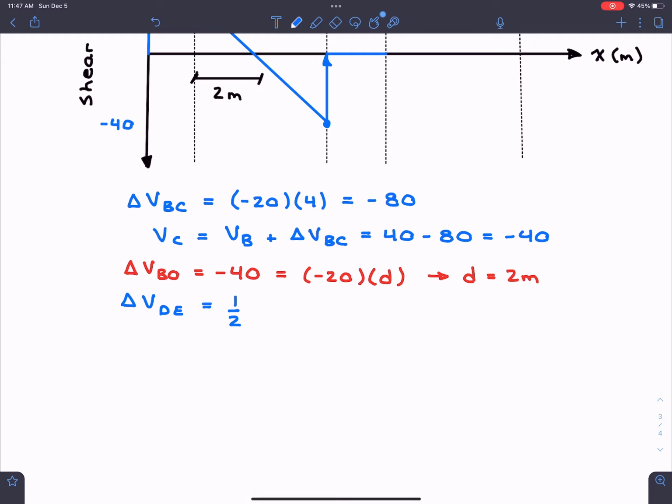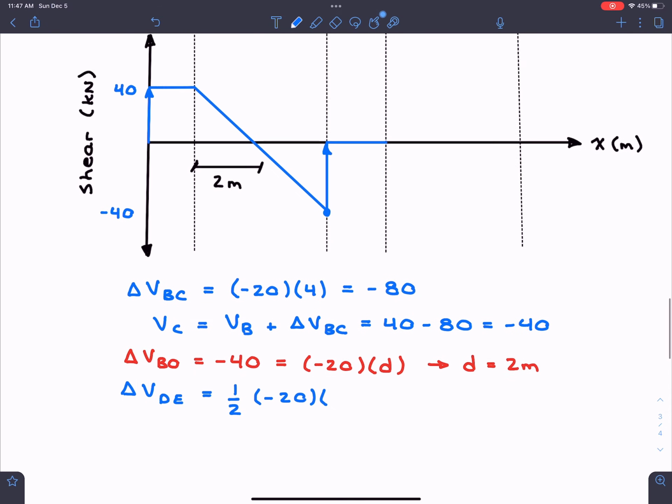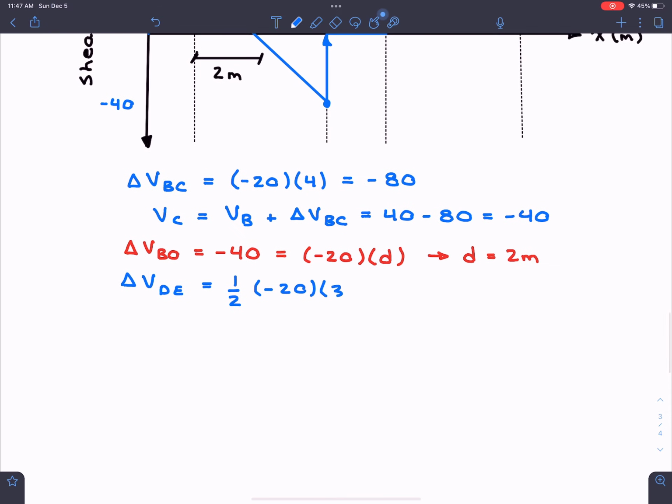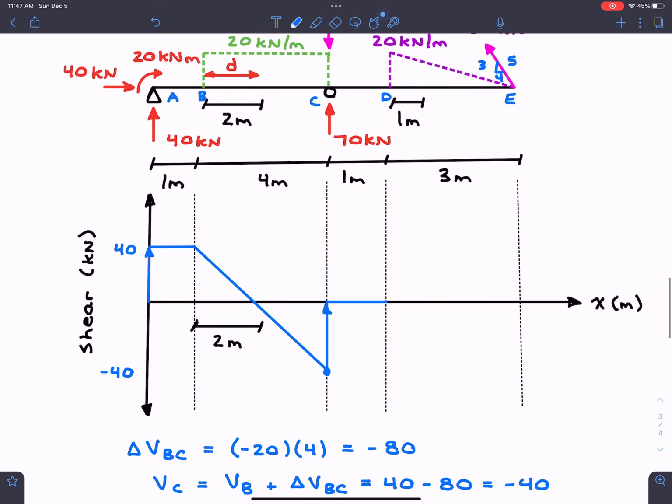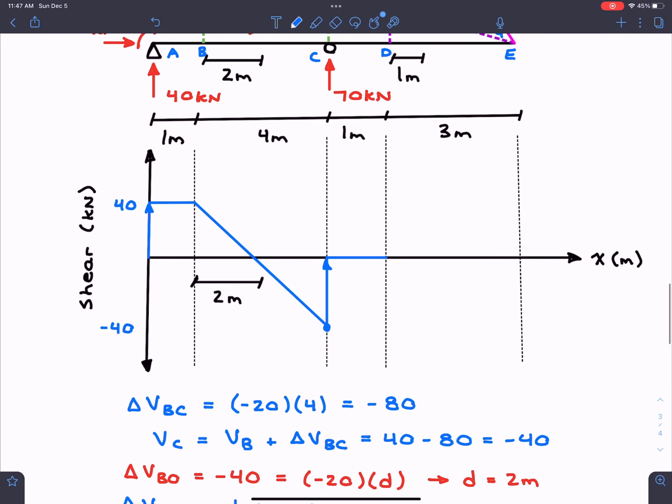So we have 1/2. Its height was -20, and then its distance, I believe, is 3 meters. Yep, 3 meters. So if we were to calculate this, 20 times 3 is -60. Then you 1/2 that, of course, you get -30.